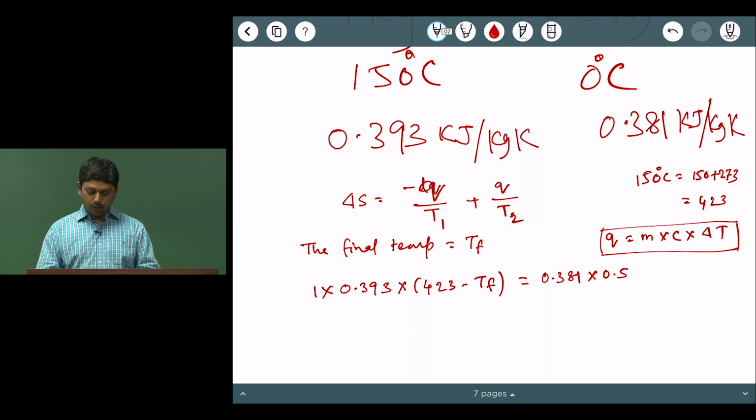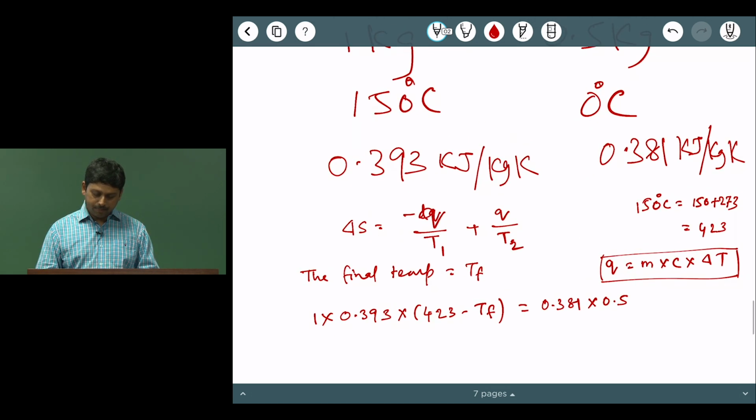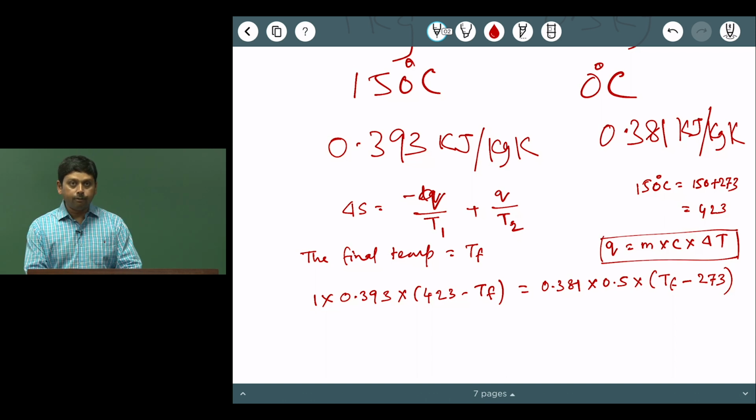So, mass for the first block which is losing is 1 kg, and the specific heat is 0.393, and the temperature change is this much, whereas the other block is only 0.5 kg and specific heat is 0.381, and it will increase from 273 Kelvin to Tf. Once we equate them, we are going to get the final temperature Tf.